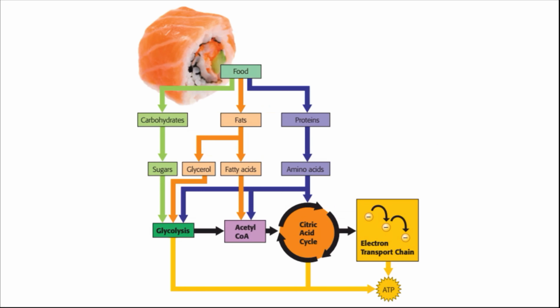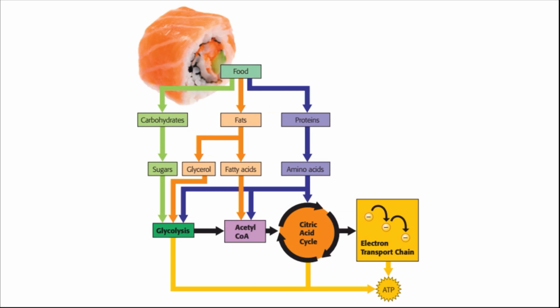Most of the foods we eat contain a mix of different macromolecules that are important in different stages in respiration. Here you can see that carbohydrates contribute to sugars that are used in glycolysis. The fats we eat contain glycerol and fatty acids, which are important to glycolysis and the conversion of pyruvate to acetyl-CoA.